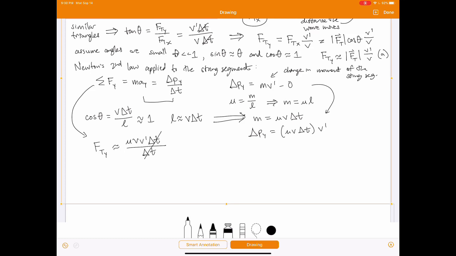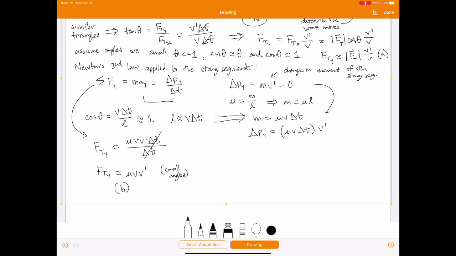So that delta t is canceling once again. And we're left with Fty is approximately equal to mu times v prime. Again, we're assuming small angles here. And this, let's call it result B.